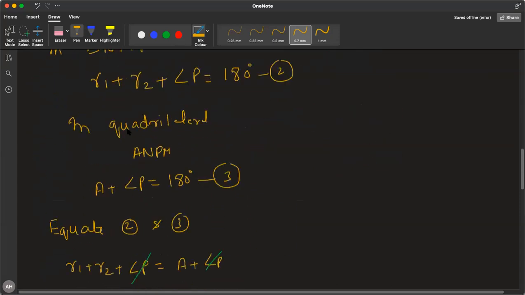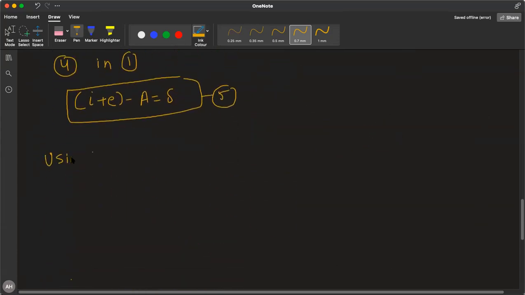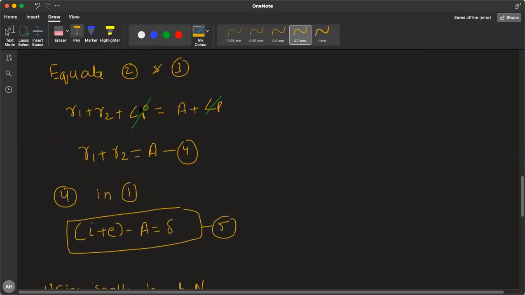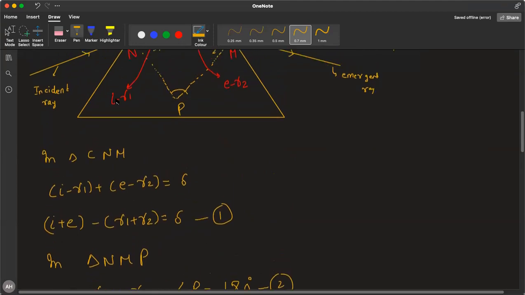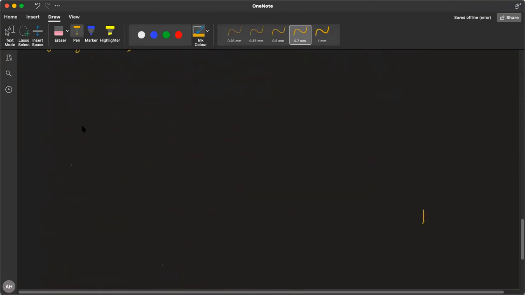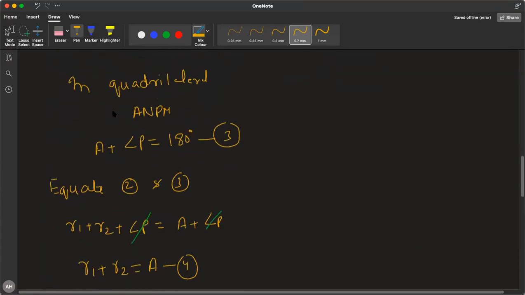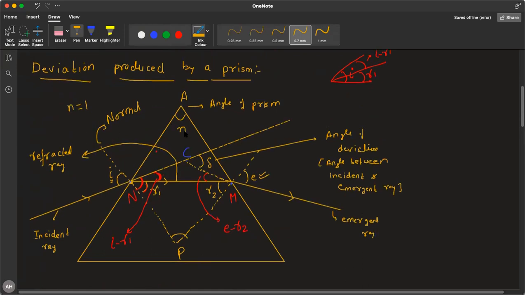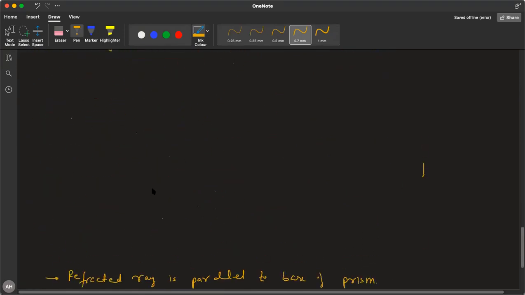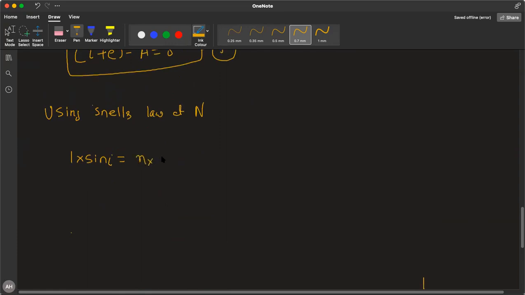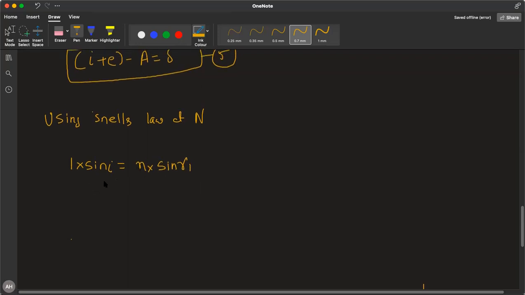So when you apply Snell's law at N, this is I. You can write 1 into sine I, which is equal to n into sine R1. So we have sine I is equal to n times sine R1.